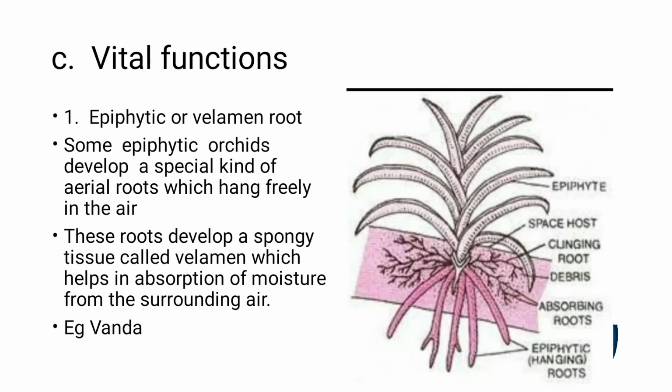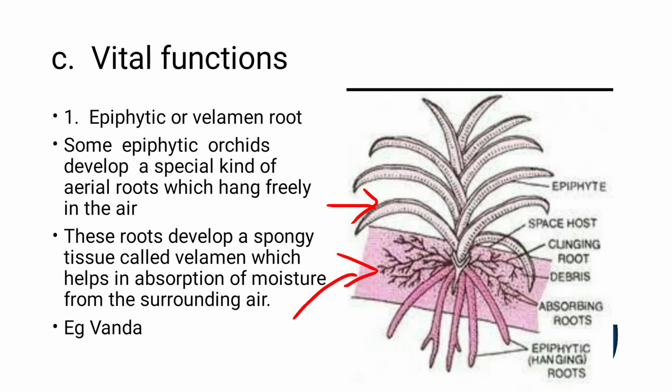Next, vital functions, epiphyte. You can see this is a tree trunk. On the tree trunk, the plant will develop. Epi means above, phyte means plant. So this epiphytic plant Vanda will grow on the plant. It has two types of special roots, the aerial roots and the clinging roots, or hanging roots.